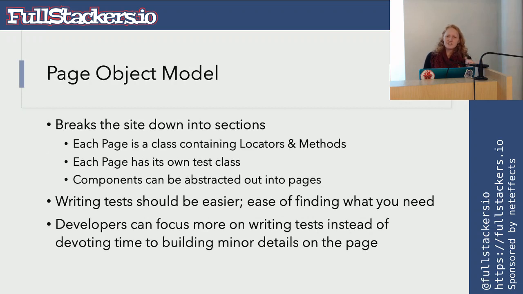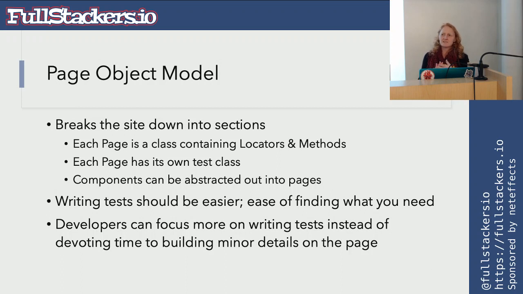which is why we have the page object model. Yay! So don't do it that way. The tutorials online, they're all wrong, and don't learn from that. So look into the page object model. What it does is it breaks the site down into smaller, better handled sections. So each page is a class containing locators and methods.